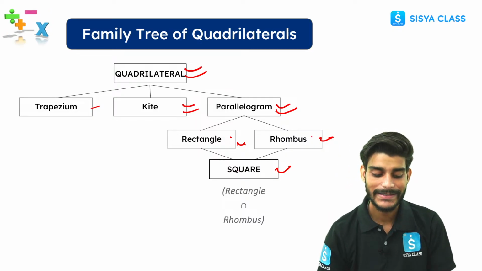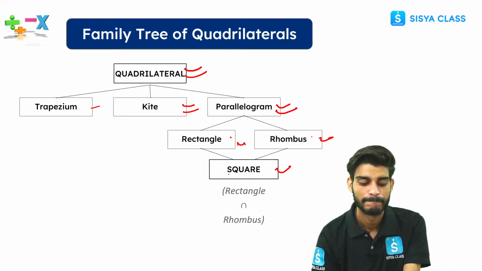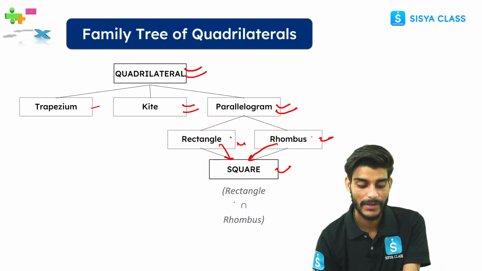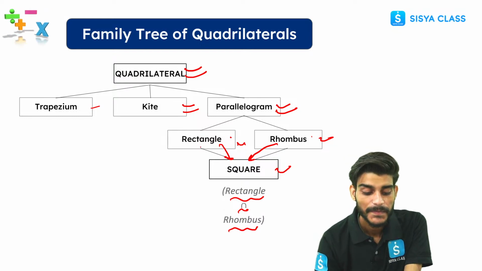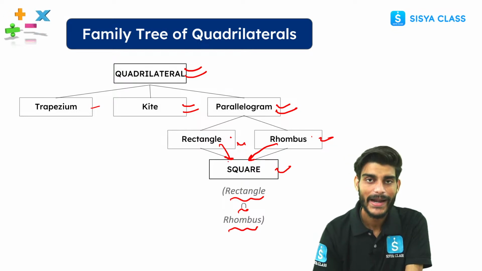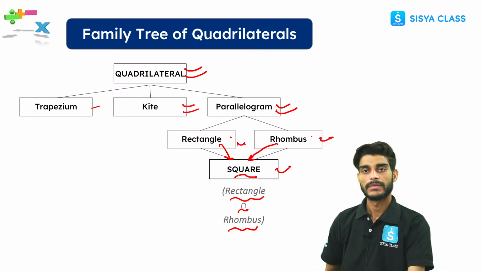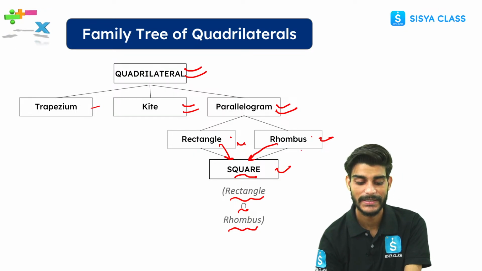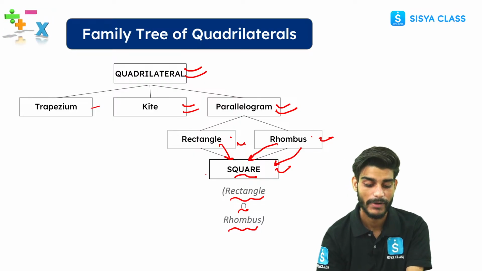Now, what is the difference between a rectangle and a square here? Some properties of rectangle a square satisfies, some properties of rhombus a square satisfies. So that's why I have written here rectangle intersection rhombus. So between a rectangle and a square, the difference is all sides are equal in a square. So, sir, can I call it a rhombus? No, there are some other properties as well. In rhombus, all angles are not 90 degrees, but in square they are.